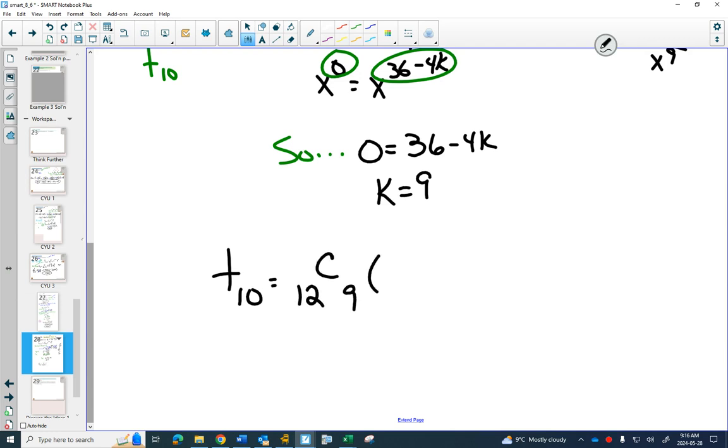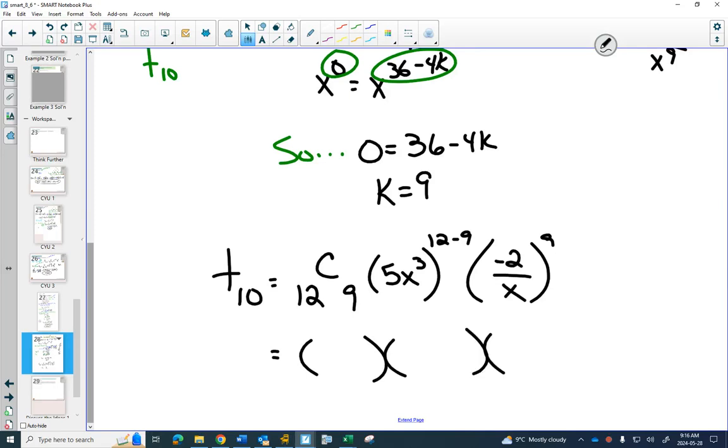We started off with 5x cubed to the 12 minus 9, and negative 2 over x to the 9. Again, when using the formula, simplify each of these on their own. So go to our calculator. We get 220.